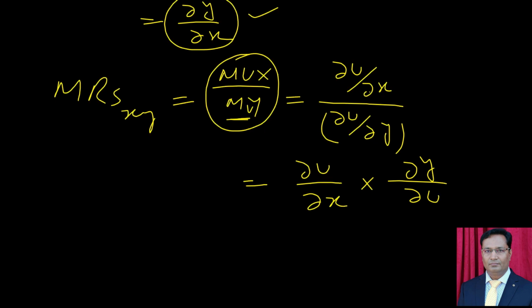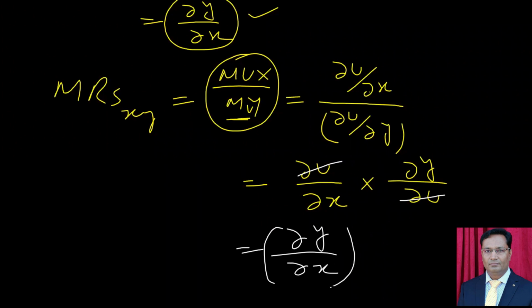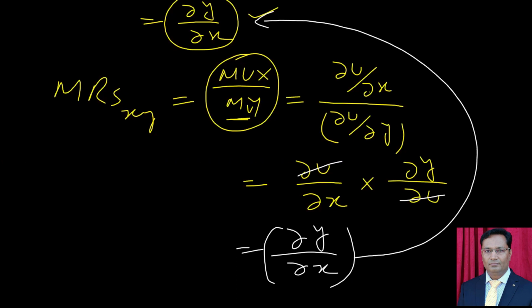And as a basic math principle, we can cancel out these values. So partial derivative of y over x is basically the slope of indifference curve, or it is equal to marginal rate of substitution. So this is why I'm writing it directly, derivative of y over derivative of x.